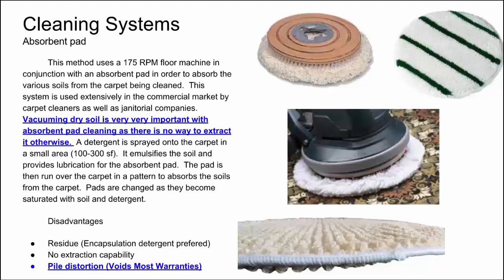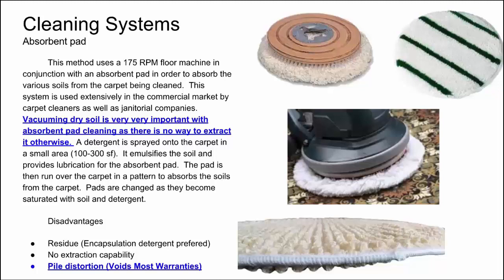As the pad runs over the carpet, so after you spray, you're going to start running that pad over the top of the carpet. It's going to work at absorbing the soils from the carpet. So as the chemical emulsifies the soil, you run the pad over the top of the carpet, and now you're absorbing the encapsulant or the bonnet cleaner chemical along with the soil that it's emulsified.